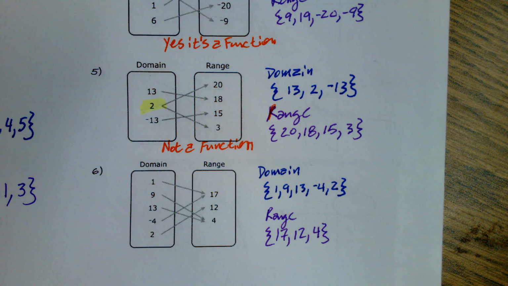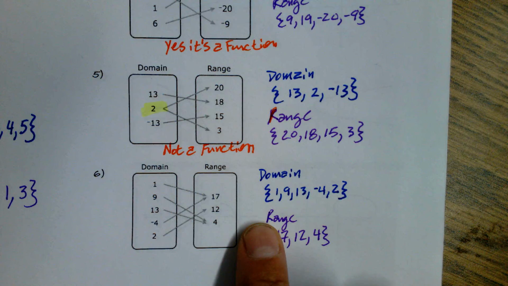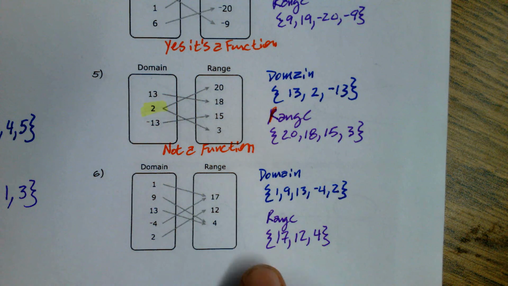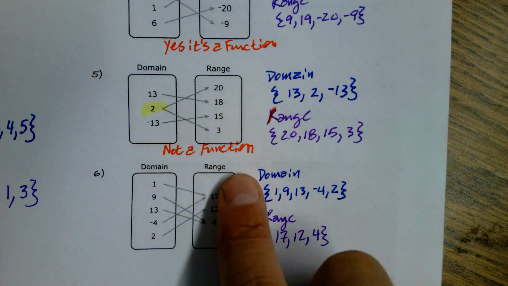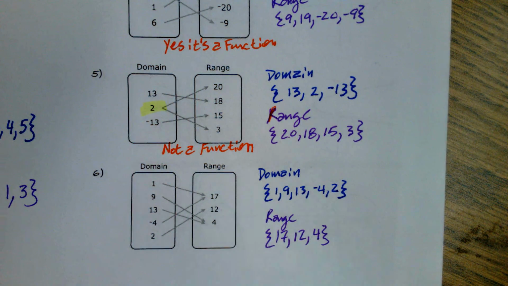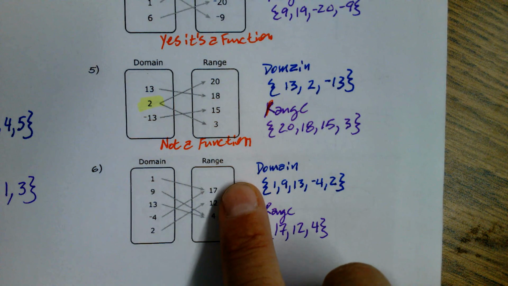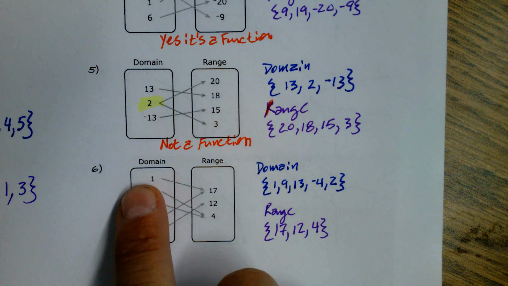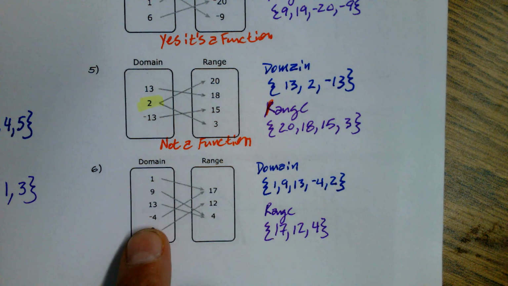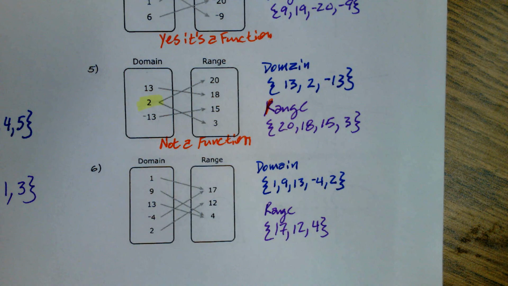17 and 4. Look at that. It's okay if they cheat in the world of functions, right? Yeah, 12. Oh my gosh, the conversations we start because of this. Okay, the 17, obviously, there's 2 domain values. What is it? 1 and -4 to 17.